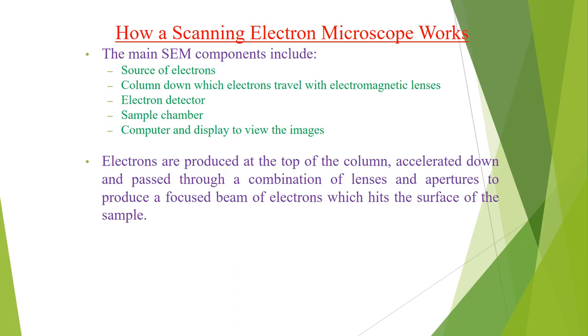The sample is mounted on a stage in the chamber area, and unless the microscope is designed to operate at low vacuum, both the column and the chamber are evacuated by a combination of pumps. The level of the vacuum will depend on the design of the microscope.